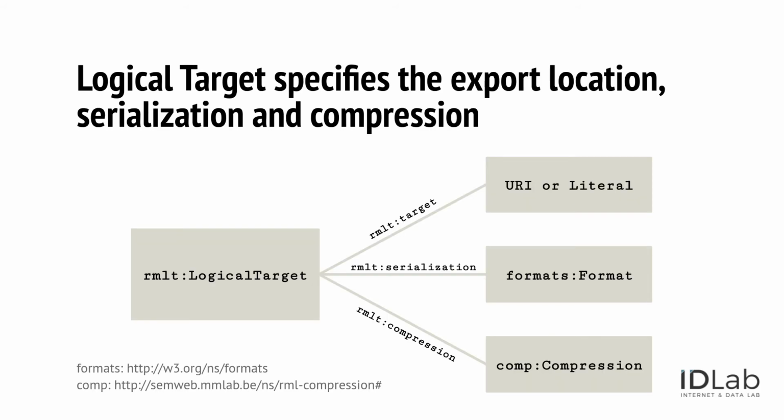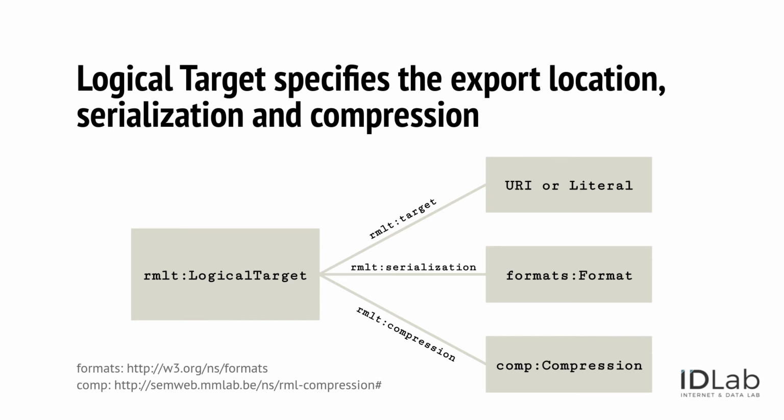Logical target specifies the export location to where the knowledge graph must be exported, which is here an external access description that can be any access description, even a Web of Things access description. It also specifies the serialization using W3C namespace formats to declaratively describe the format you want of your knowledge graph, and a compression.